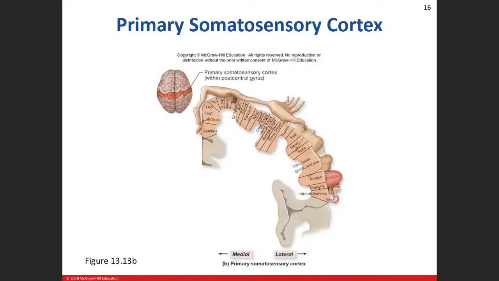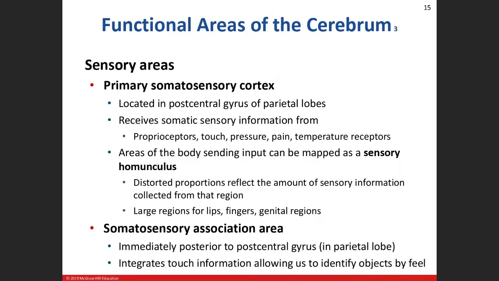If you look at this, you can really see how much real estate the sensory homunculus takes up in that postcentral gyrus for the face. Tons. Hand and the face and the tongue. Look at that. That's close to half. I'm willing to say that it's about half. That's quite a bit. So just keep in mind, the more sensitive the area, the more sensory information that we're going to get from there.